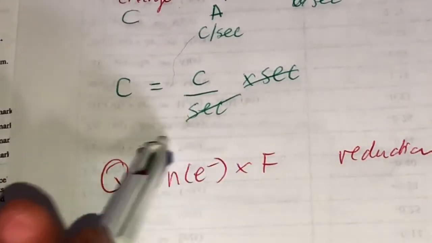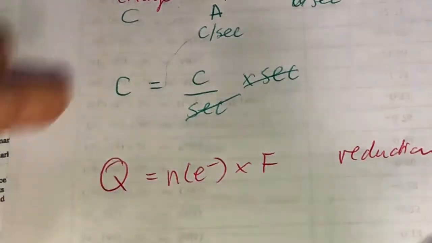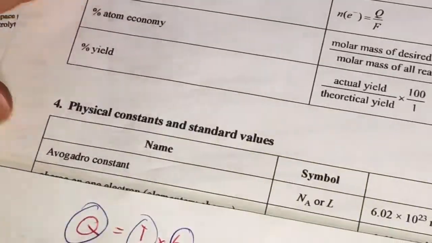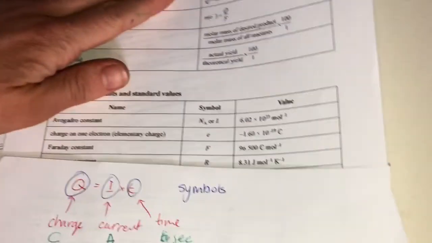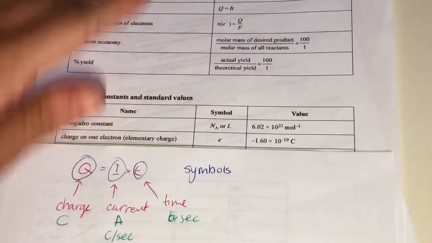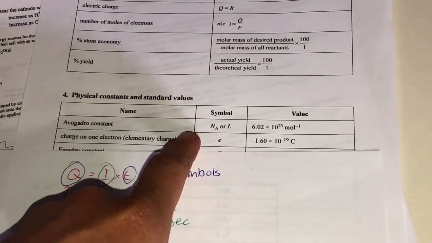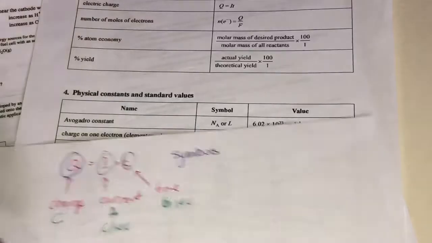And these electrons carry a charge. What charge do they carry? Well, I think that's in your data book as well. Yes, it's here. The charge on one electron is very small, negative 1.6 times 10 to the negative 19 coulombs.